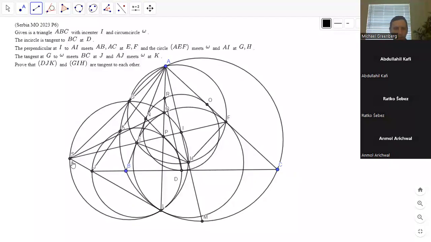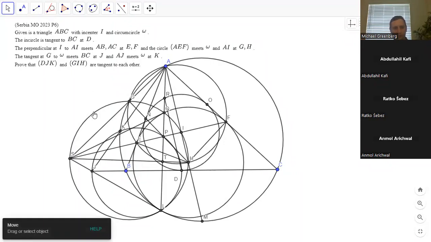And not only that, P would be the orthocenter of ASH, and this point lies on that circle. So we are learning quite a bit here. SH is a diameter of this circle. So the circle GIH is really this circle.